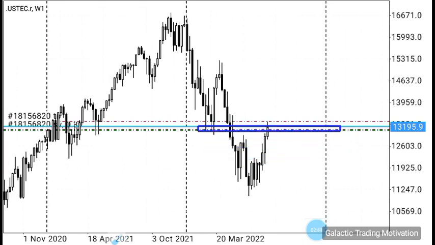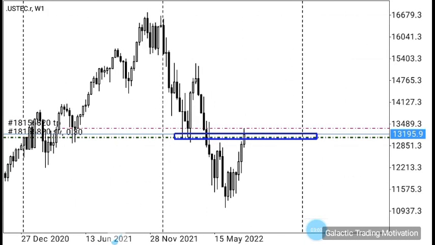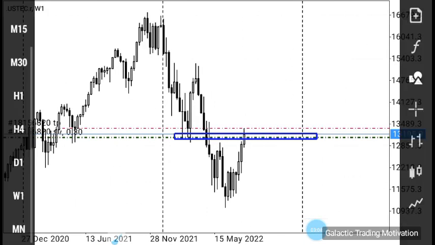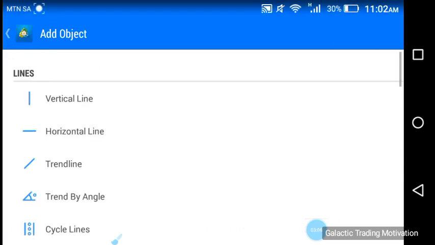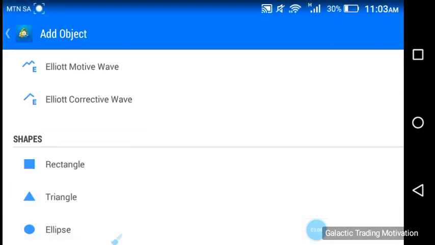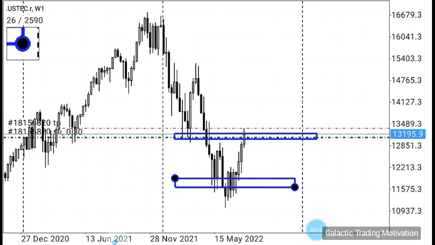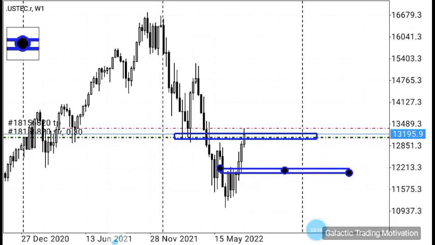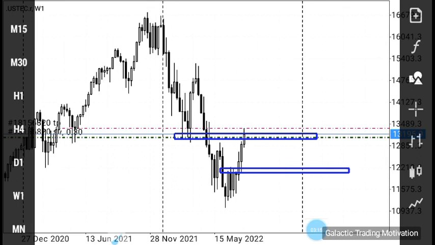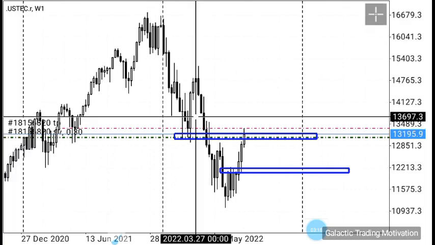And also just bear in mind that necklines are not an actual line. They are an area and not an actual line, right? So let's see, what else do we have? I'm also going to add the neckline of that W structure that I spoke about. Just bear with me. There we go, there goes the neckline of that W structure.